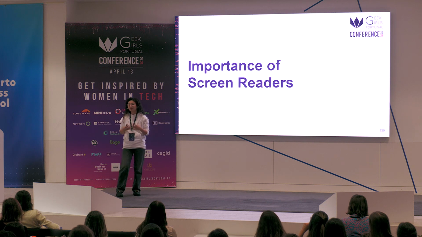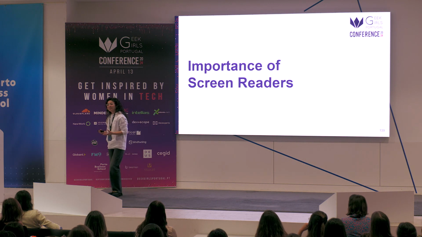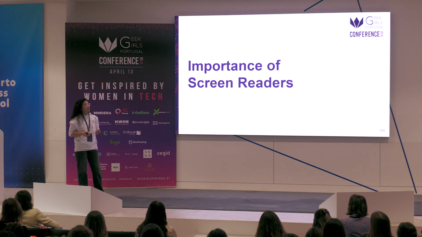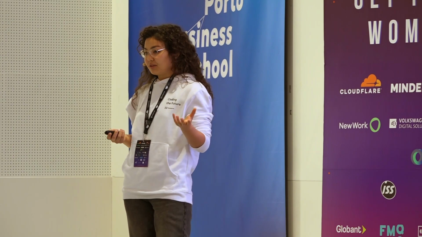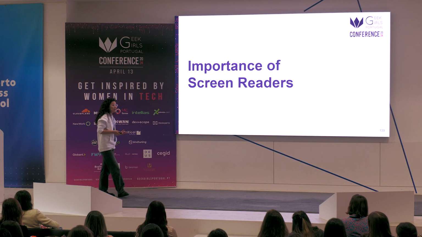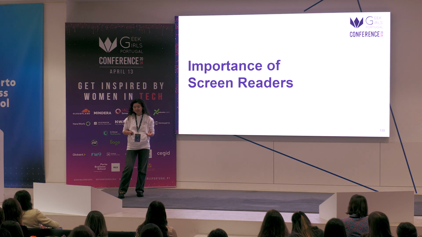To test our work, there are some handy tools, like a color contrast checker. You can do some manual or automated testing, but in my opinion, the most important of all of them are screen readers. So what are screen readers?